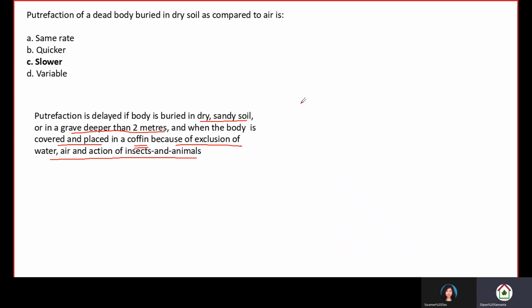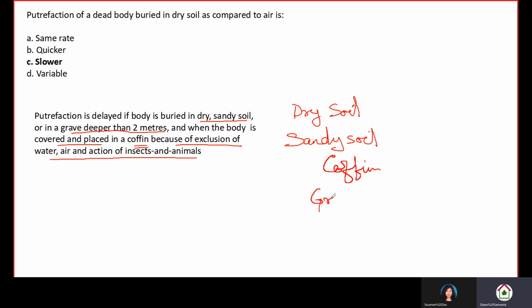But if it is placed in dry, sandy soil, then coffin, grave deeper than 2 meters, in all these cases it will be delayed.